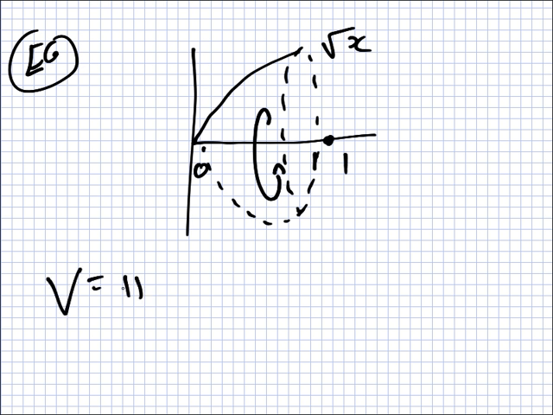Well, that'll be pi. And Ben, what do I put here and here? 0, 1. And then what goes in here? Square root of x, squared, dx.